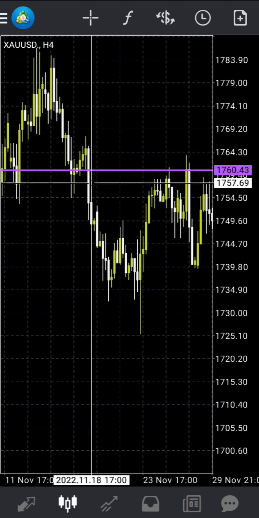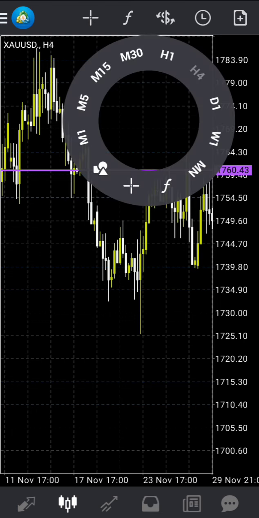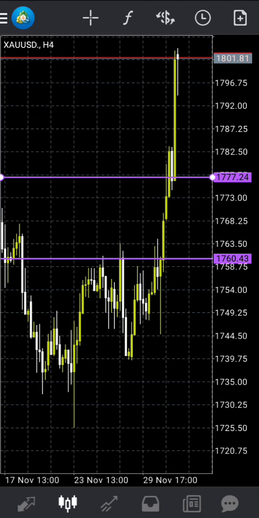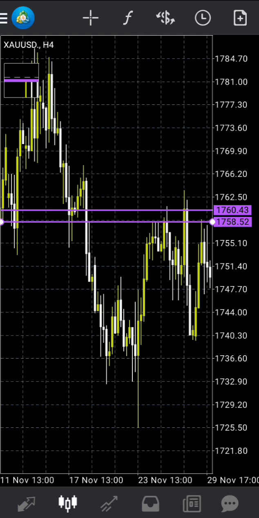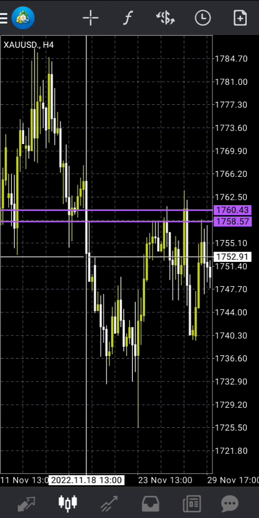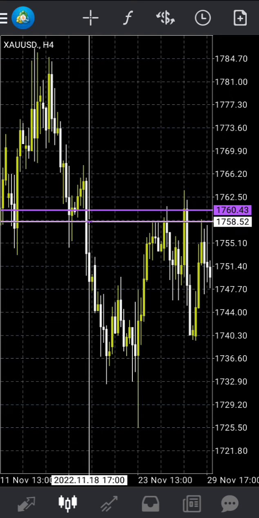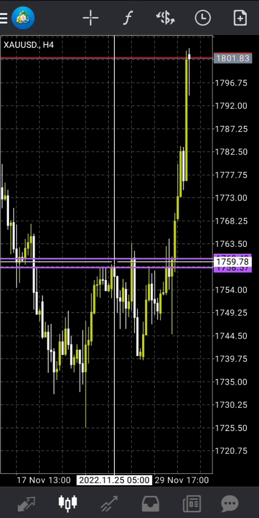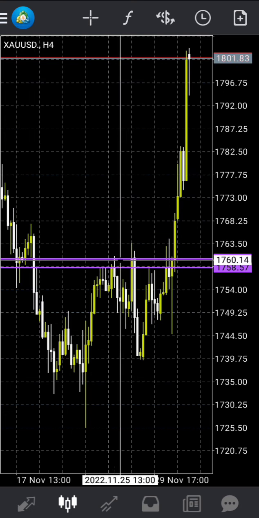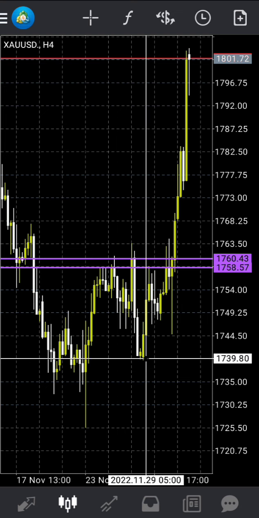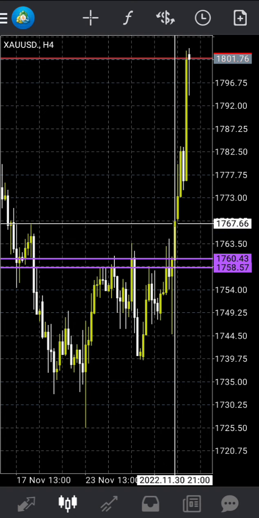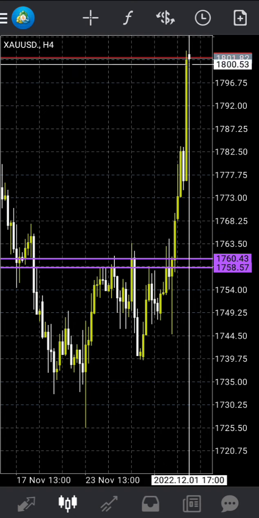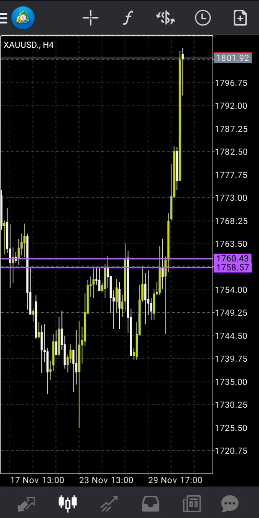Okay, from here, the lowest of the shadow of the above candle and the lower candle's top shadow. So this is a key level. If the price fails to break up, a bounce and drop is gonna happen. But if the price is able to break up, there will be a fly going up. Make sense?